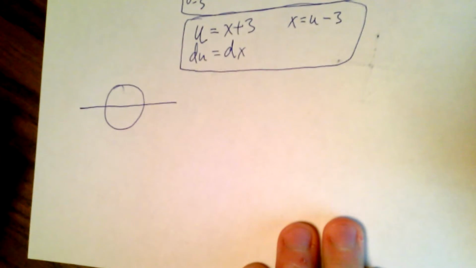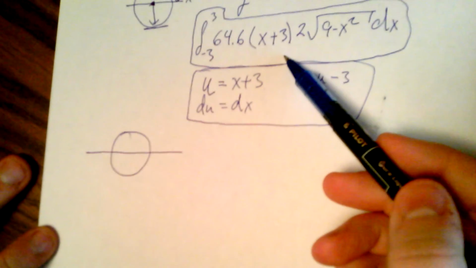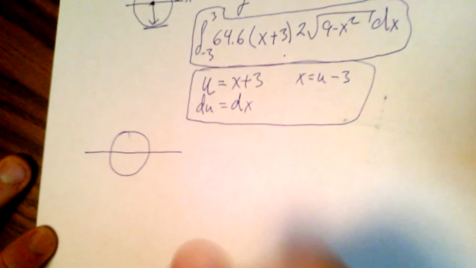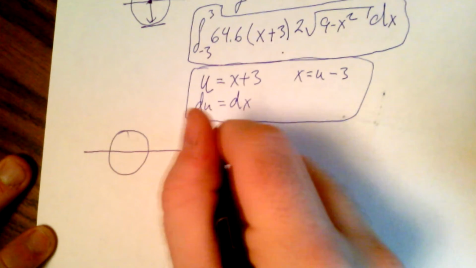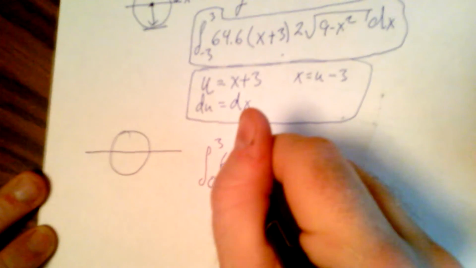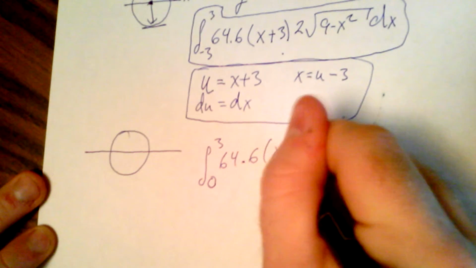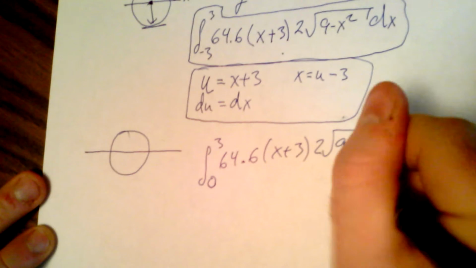Well, if we have this setup here, all we have to do is integrate from 0 to 3 of the same integral. And that'll give us the hydrostatic force we're looking for.